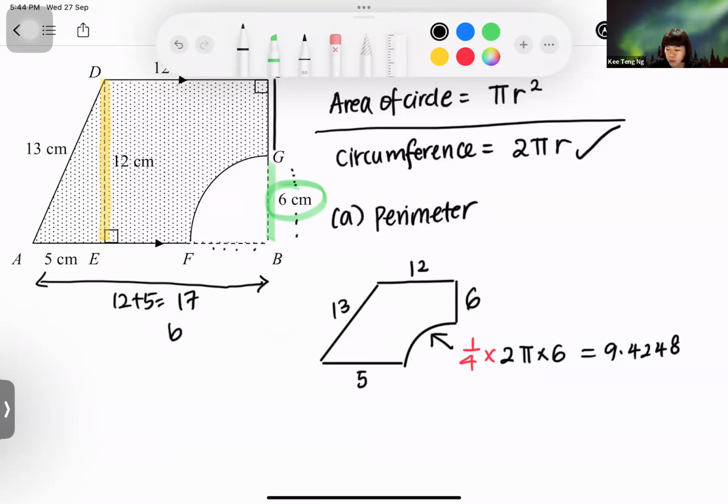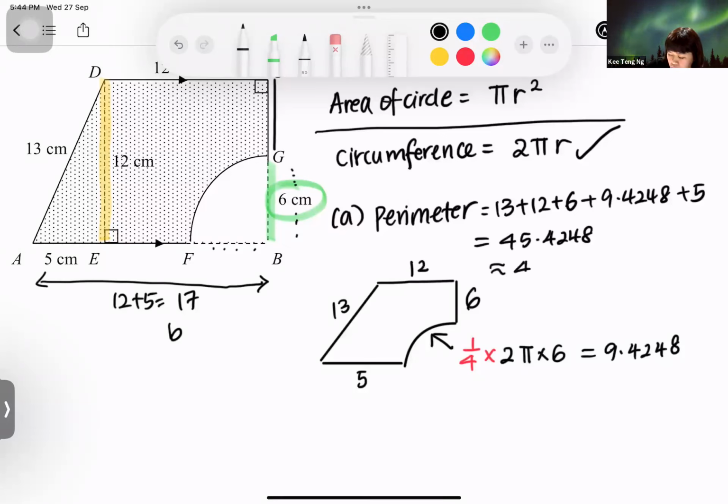So perimeter will be 13 plus 12 plus 6 plus 9.4248 plus 5. You get my answer as 45.4248. Rounded off to 3 significant figures, 45.4 cm. That's the answer for perimeter.